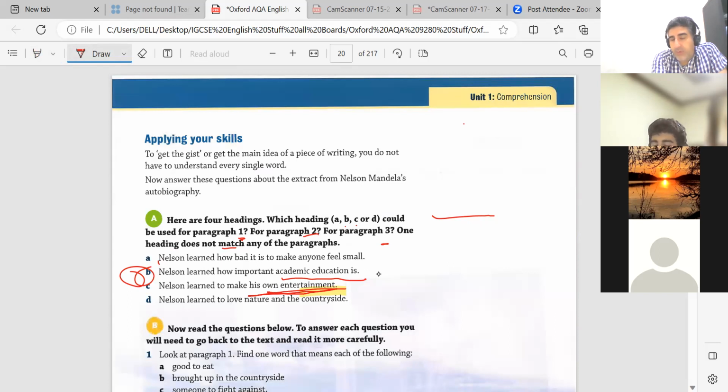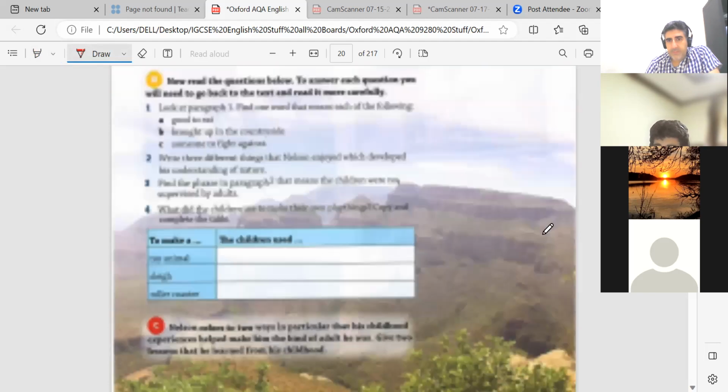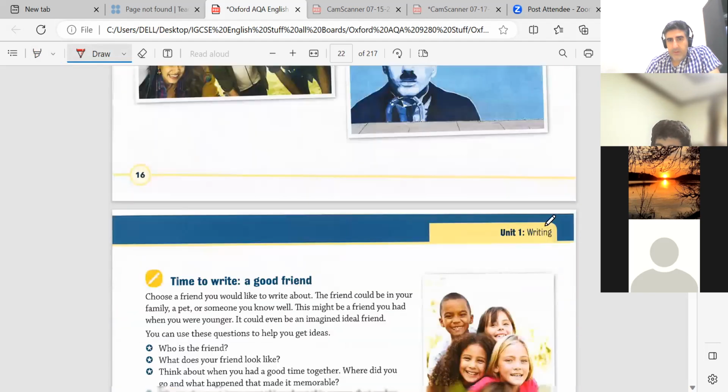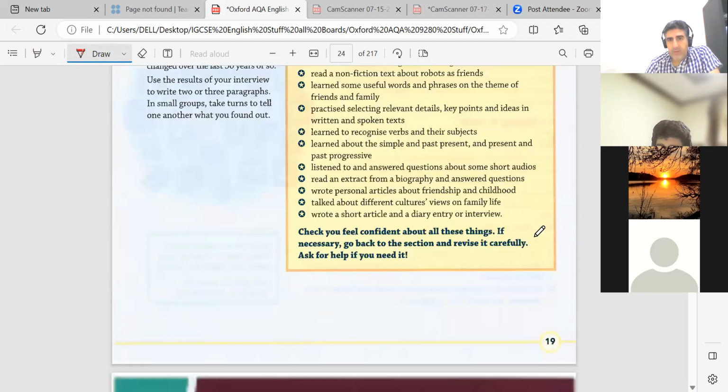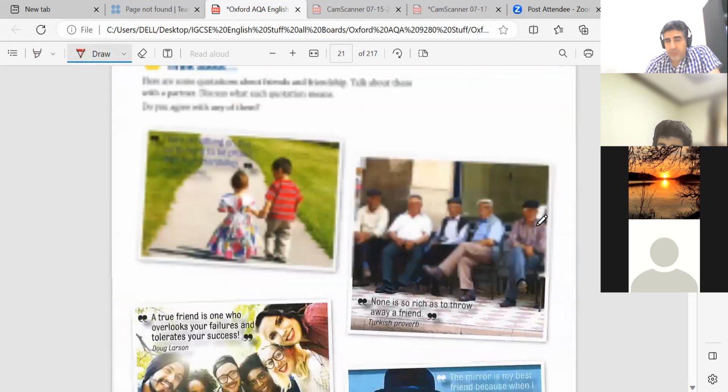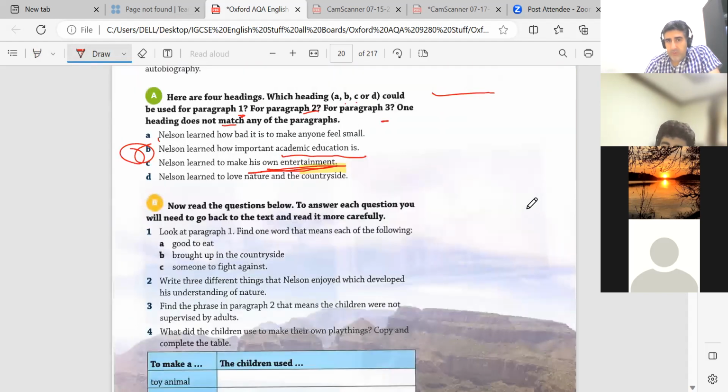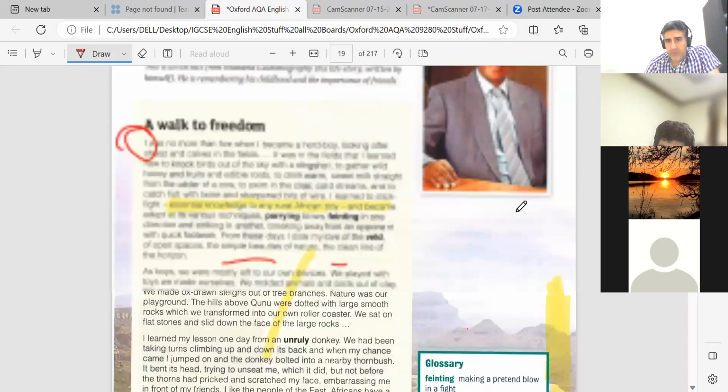Okay, his own entertainment. So which paragraph again, Muhammad, and how do you know? Which phrase or which sentence helps you to define this?